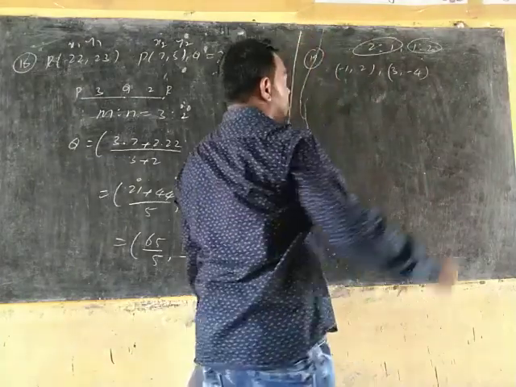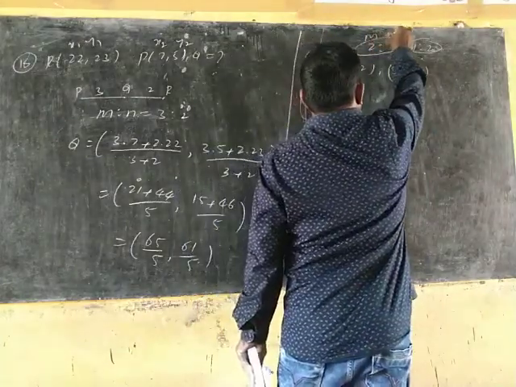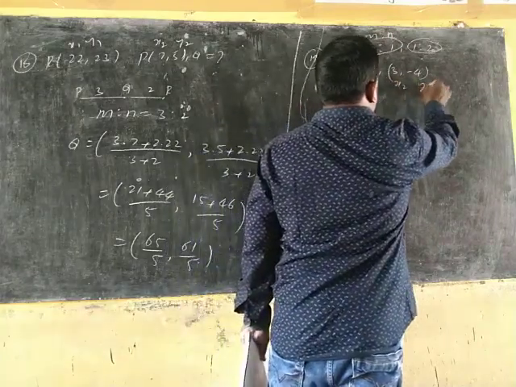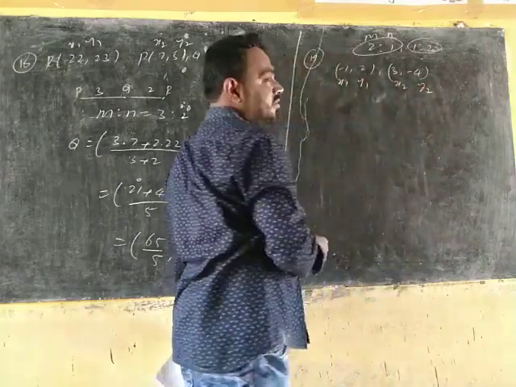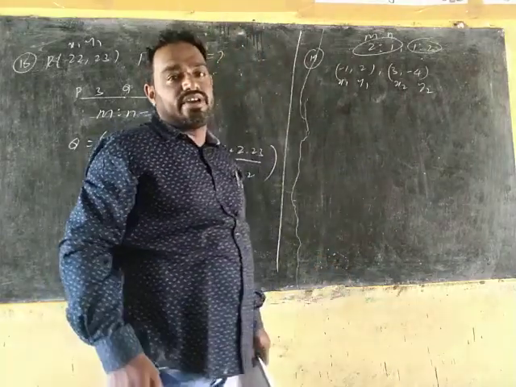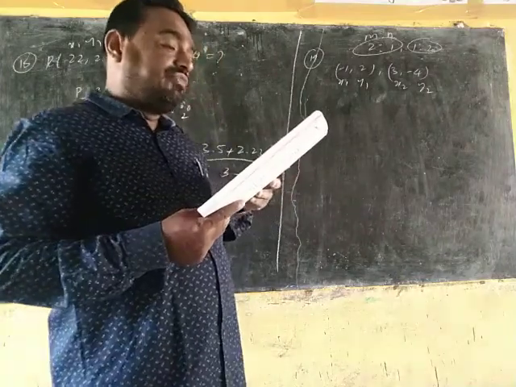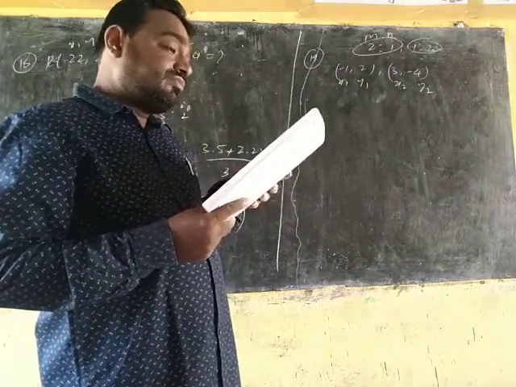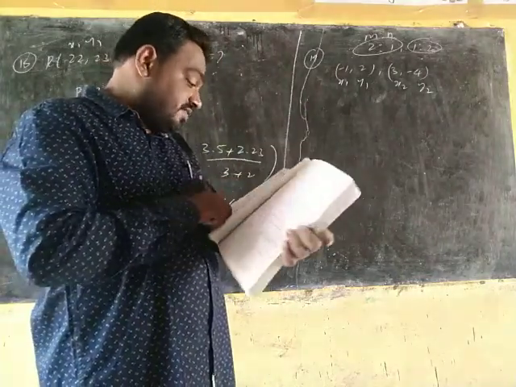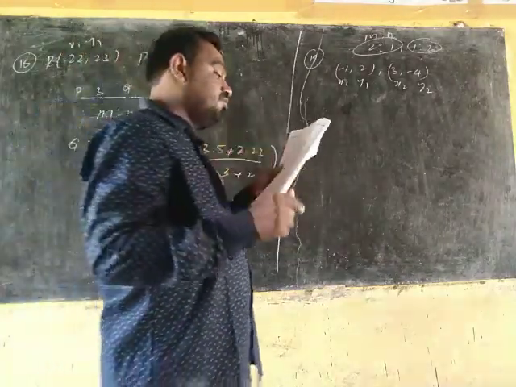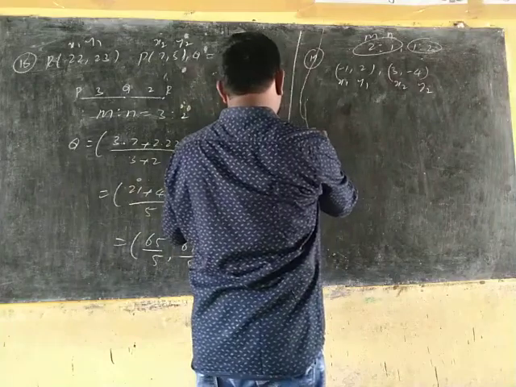So we check it for this one. m:n is 2:1, and this is x1 and y1, this is x2 and y2. Next use the formula (mx2 + nx1)/(m + n), comma (my2 + ny1)/(m + n). Then you will get the answer. So 19th one, correct answer, option 2, you are getting that answer.